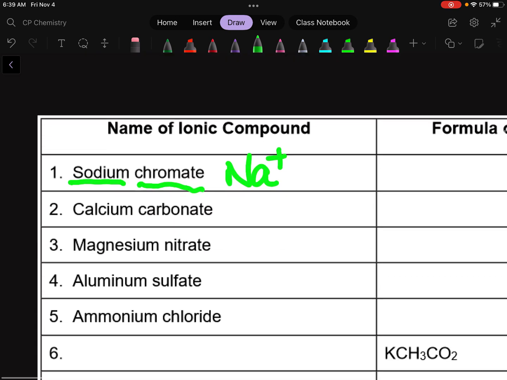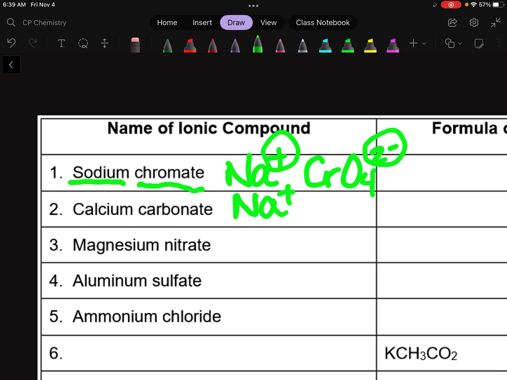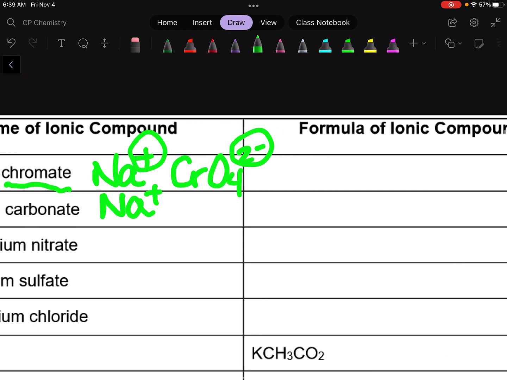So CrO4 with a -2. Now looking at the charges, the +1 and the -2, we have to make those cancel out. So we can find the least common multiple of 1 and 2, which would be 2. So you would need 2 sodiums and just 1 chromate.